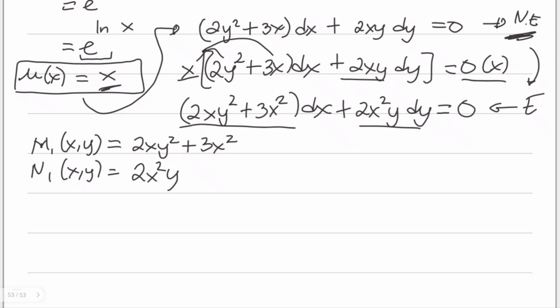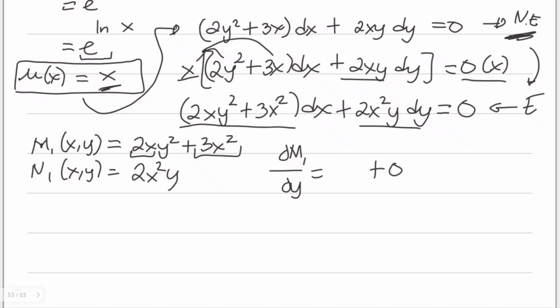If we take the first partial derivative of M sub 1 with respect to y, same concepts: the second term is a constant, so it will be 0.